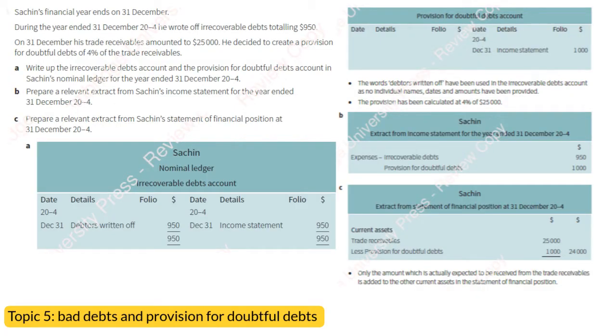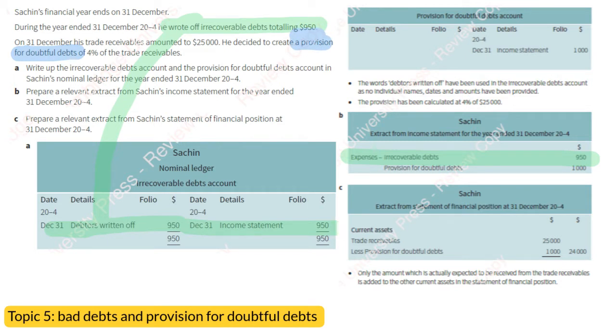First of all, you can see there are irrecoverable debts written off for 950. So in the nominal account, you need to write it off, and then you need to put it in the income statement as irrecoverable debts. So this is the first thing you have to do for bad debts. The second thing, for the provision for doubtful debt, you have to calculate it.